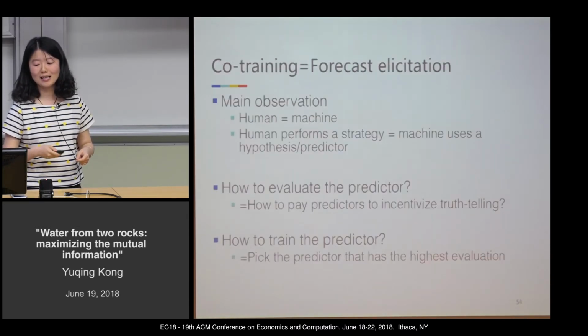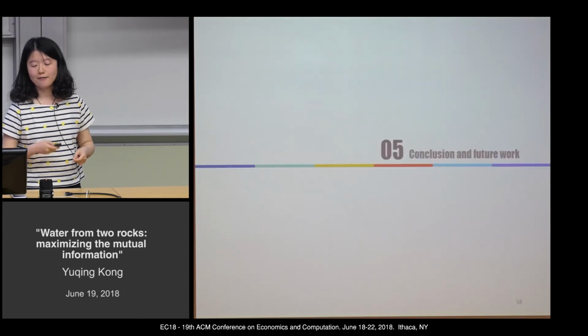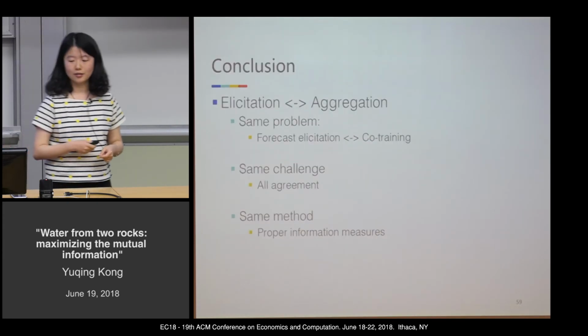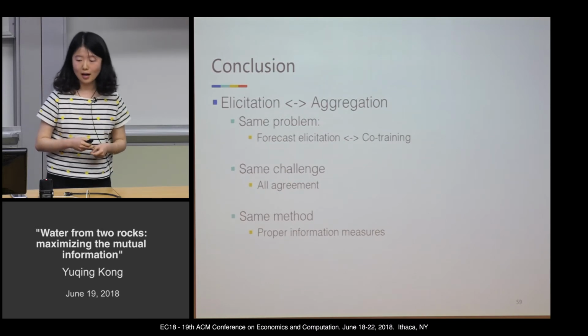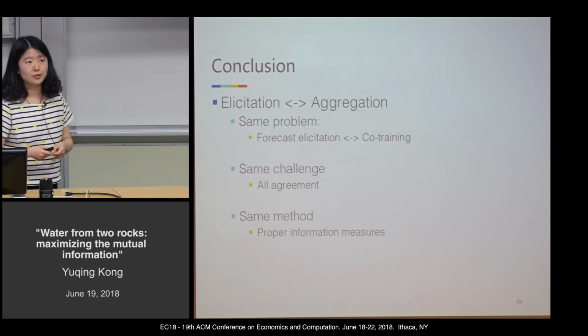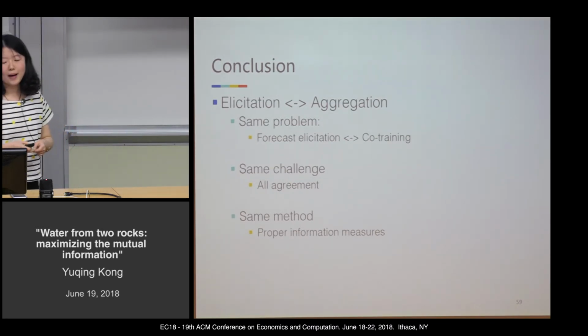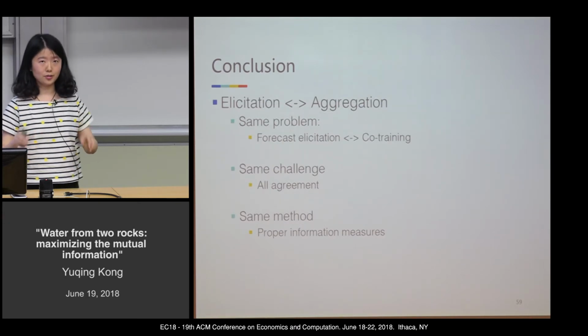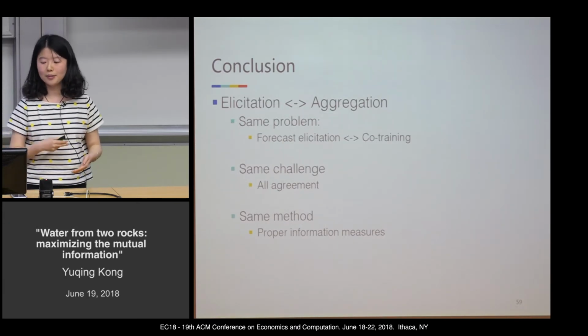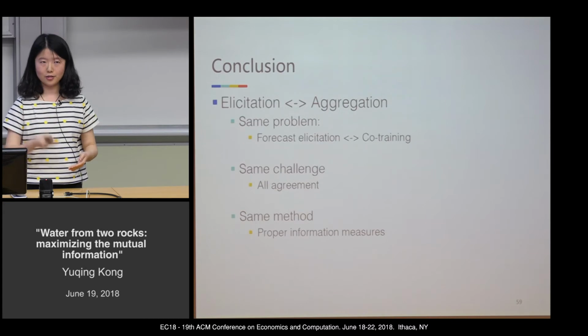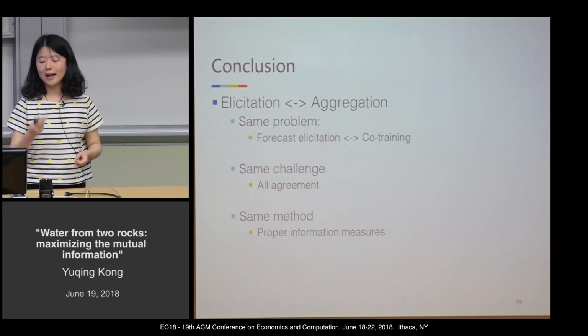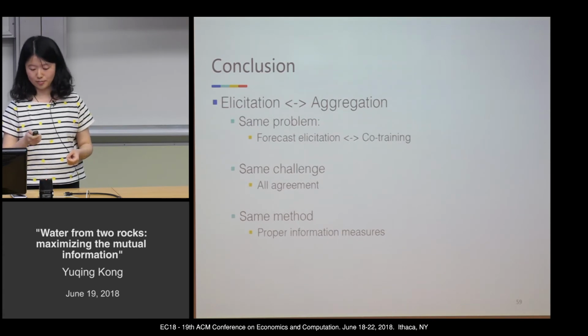So that is why I see these 3 things are very correlated with each other. So here is a summary. In this talk, I build a connection between elicitation and aggregation by proposing the 2 corresponding problems, which turn out to be the same problem, and show that they have the same challenge, our agreement challenge, and we can solve them by the same information theoretical approach.